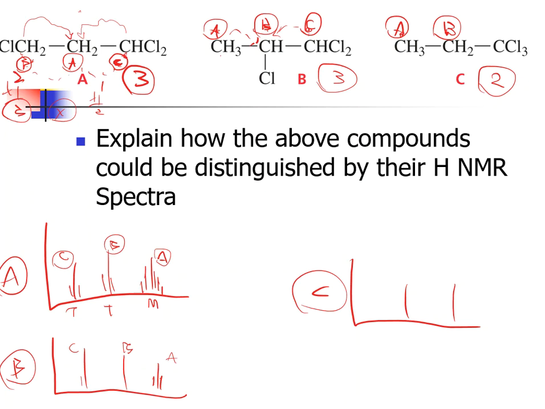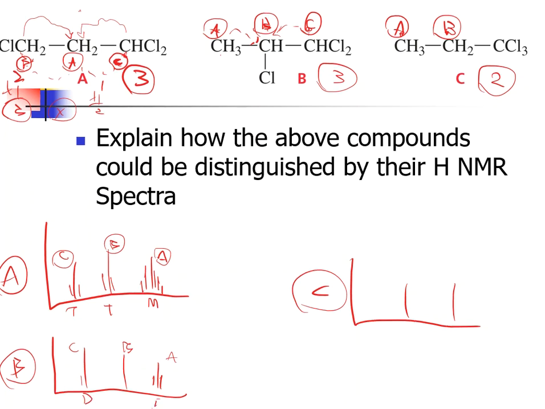The same thing is going to happen for A. Just as in our previous description with A, this is another side of difference. So for A, our C signal was a triplet, and then for B, our C signal was a doublet. So this is going to be a doublet that's here, so I'll label that one with a D. And for A, this is a triplet, so I'll label that one with a T.